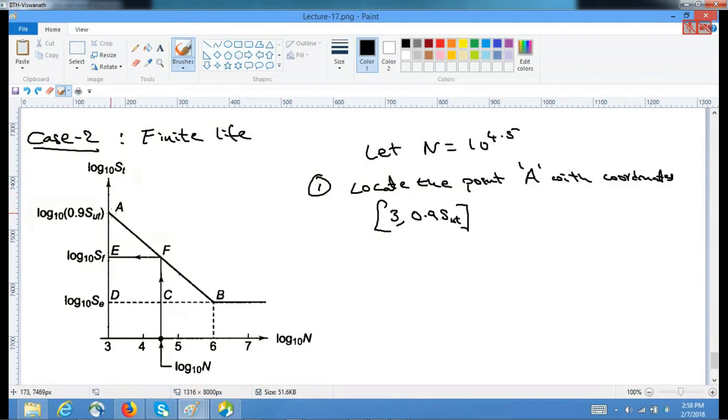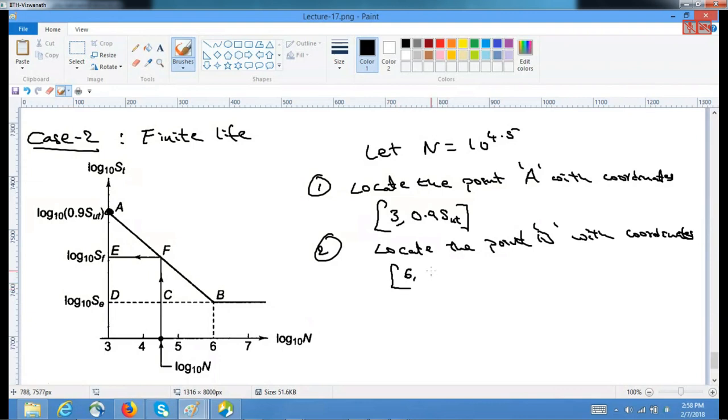So this is the point which has been located. Next, locate the point with coordinates 6, and so on. This is a log plot, so I should have written it in the log scale.